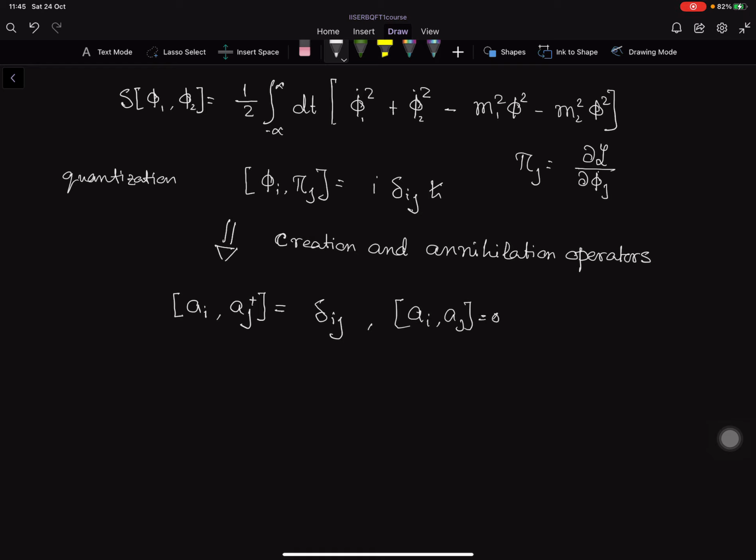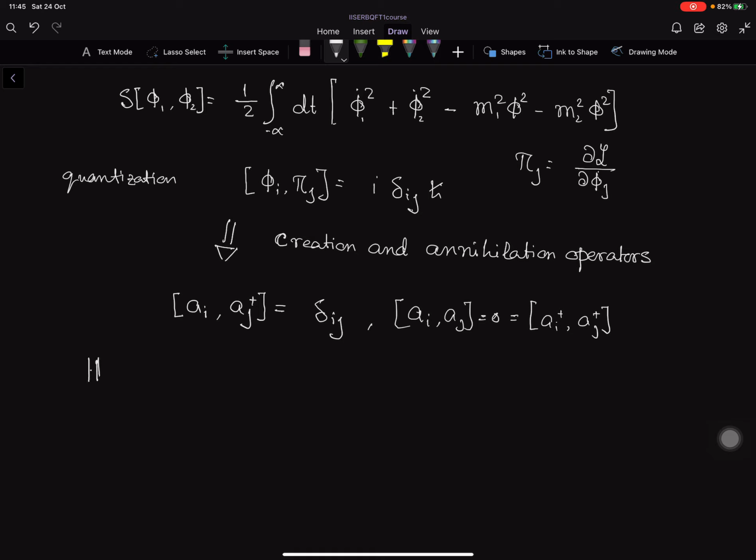So the annihilation operators and the creation operators of the two different species commute. But the commutation relation between the creation and annihilation operator of the same species is simply the identity, which we already know.